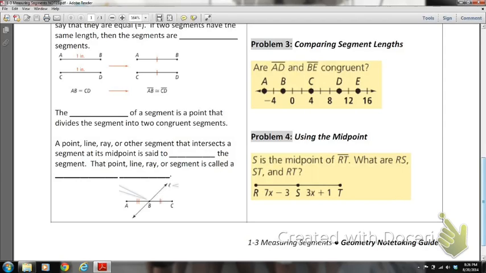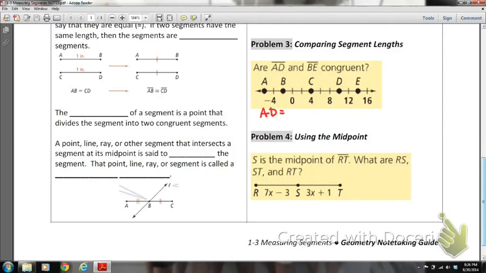Problem 3, we're comparing segment lengths. The question is, are segment AD and segment BE congruent? Well, to determine if they're congruent or not, you have to find the length of segment AD and the length of segment BE and determine if they are equal lengths, then they are congruent segments. So let's find the length of segment AD.